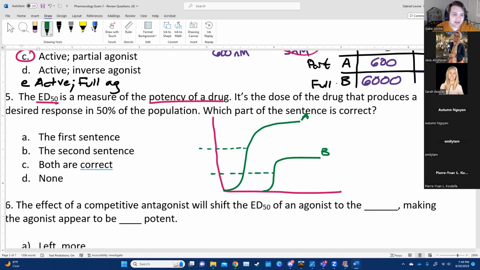Neither one of these is getting to the same efficacy, which means that B is never going to reach the same level that A does. So the only way to really be able to measure potency of a drug is by looking at the half response, or the ED50. It is the dose of the drug that produces a desired response in 50% of the population.